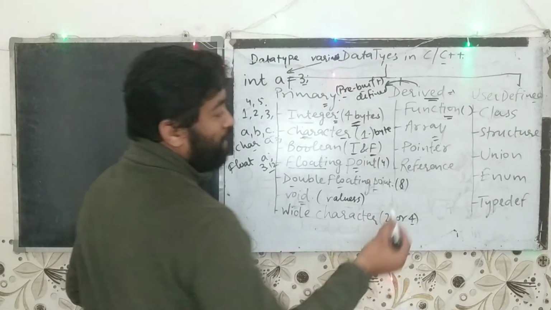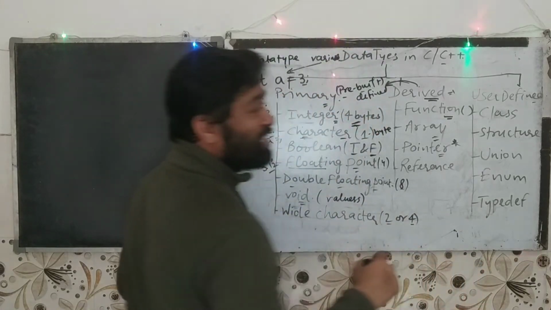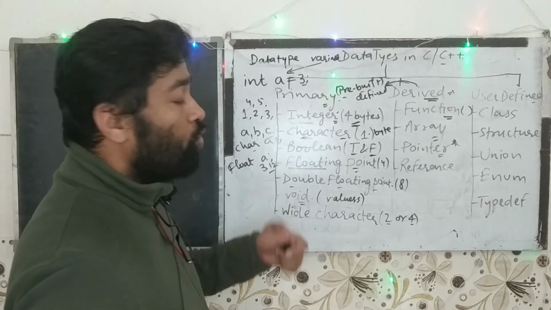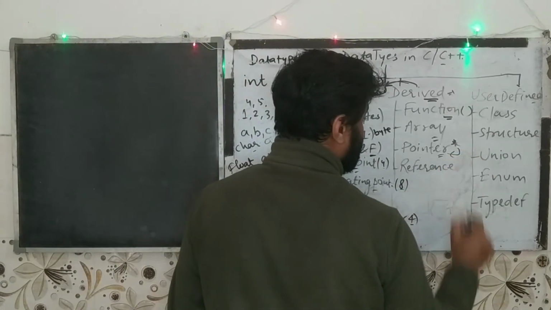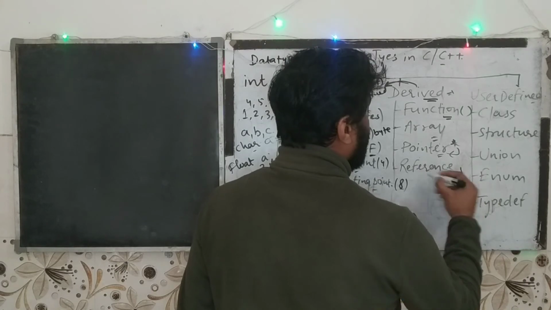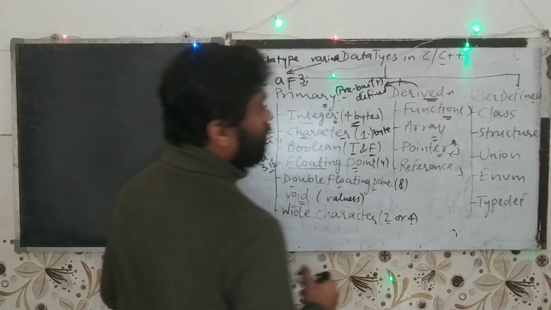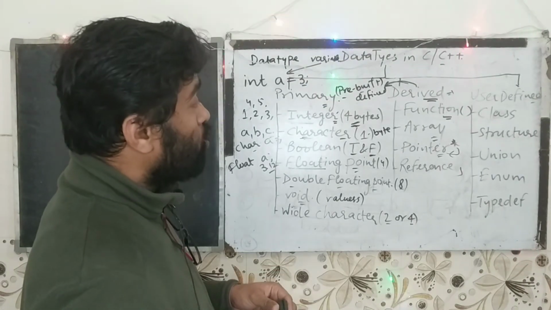A pointer will show a pointer value, which is a reference of a value stored in memory. So it will provide the address of a variable. And reference is the same condition. You can use it as a derived data type value, by which you can store values.